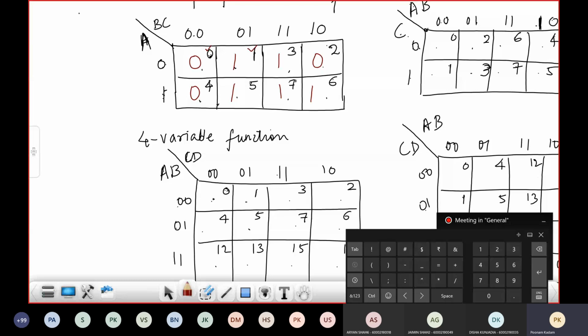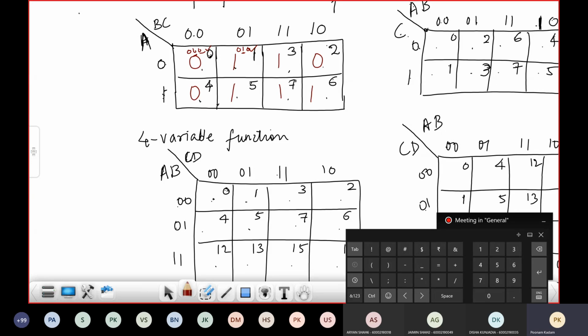How many variables are changing? Cell number 0 is 0, 0, 0. Cell number 1 is 0, 0, 1. Here two variables are the same, only one variable is changing. So you can simply remove this variable and combine the two terms together.